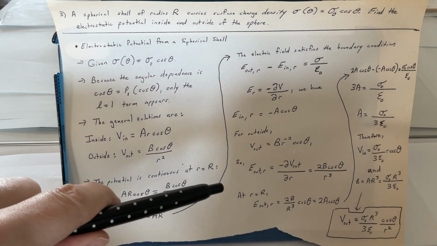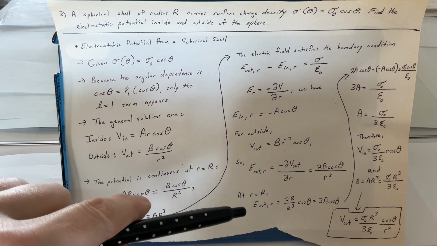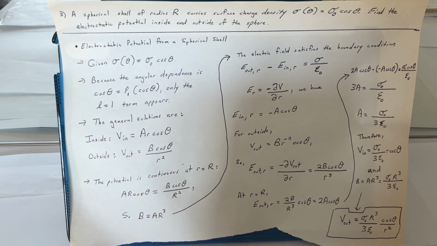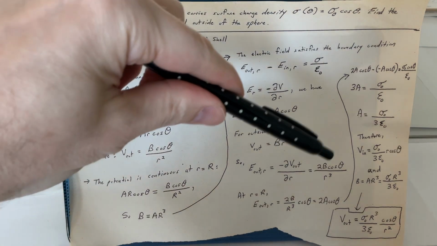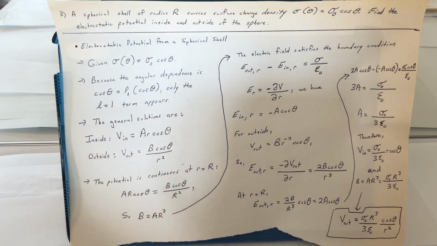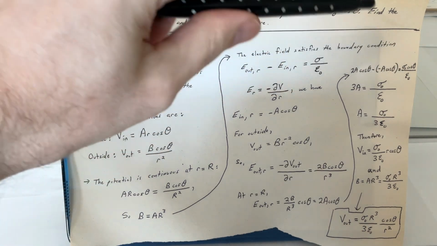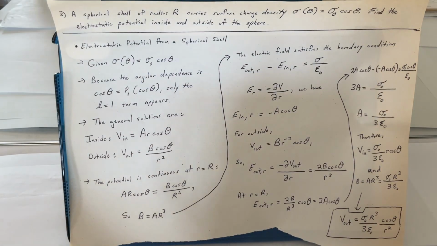Now if we let r equal capital R, E out r is 2B over capital R cubed cosine theta, which equals 2A cosine theta. From here, 2A cosine theta minus negative A cosine theta equals the charge density cosine theta over epsilon naught.